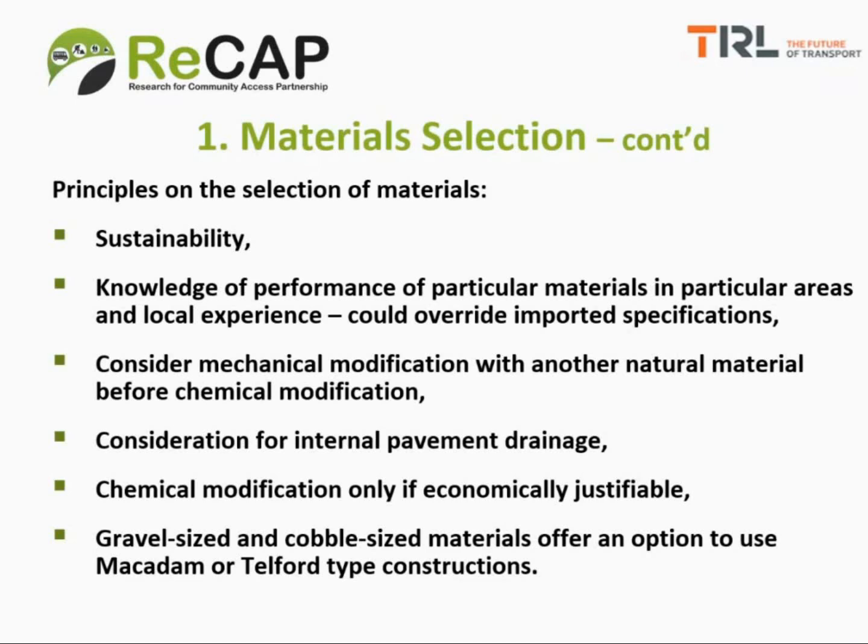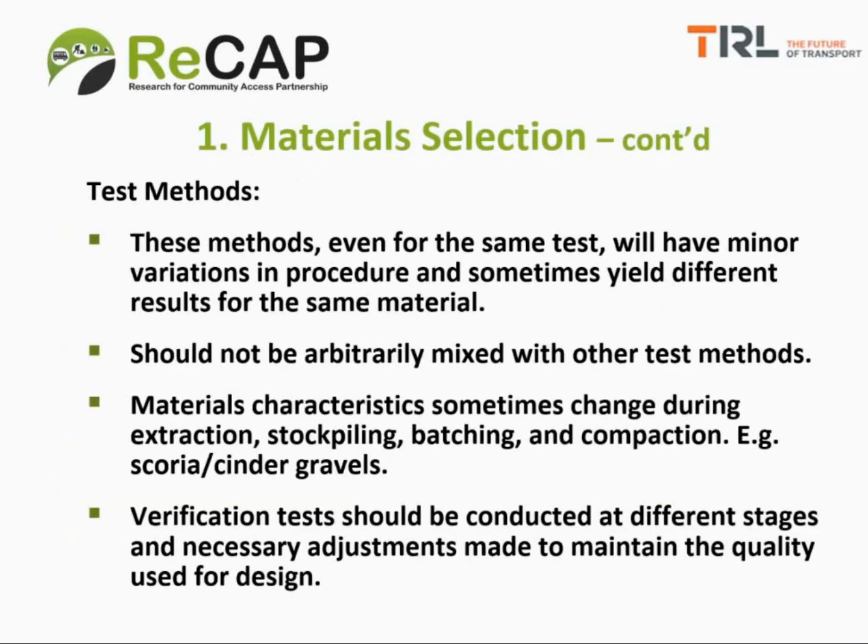Now, test methods. There are several test methods that are used in different countries. For example, countries use the AASHTO test method, others use ASTM, others the British standards, others TMH, which are now referred to as SANS, and in some cases they're also country-specific test methods.